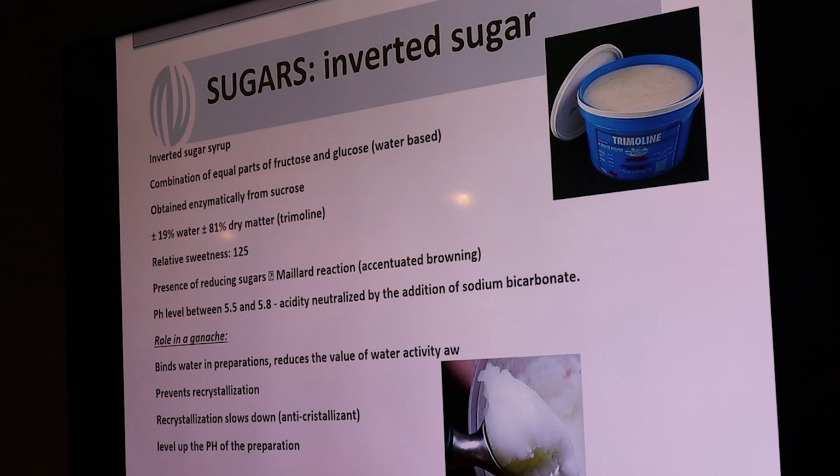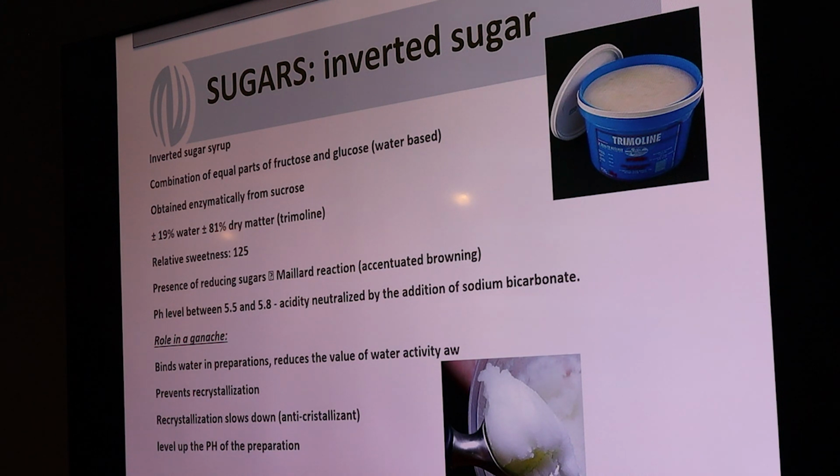Yeah. So when you have those discussions, also when you're working with customers, this is basic support for when they have those kinds of problems in the ganache.